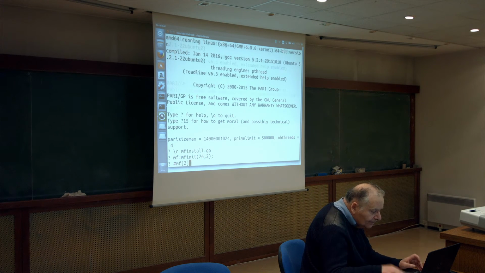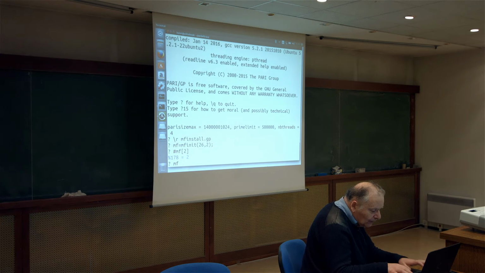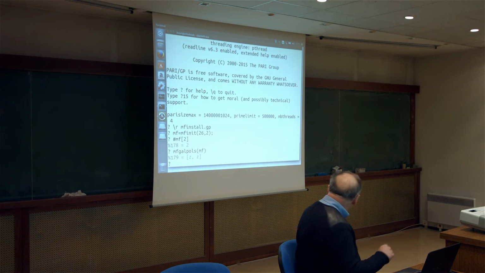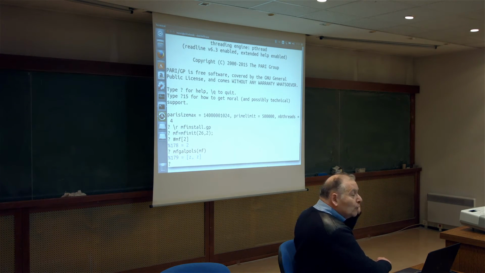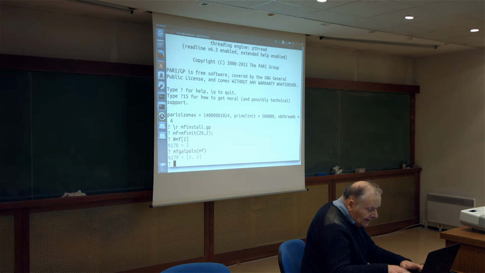There is, in fact, a simpler way to do it, which is to ask for mfgalois or mfgaldims of mf. Well, in this case, it's essentially the same. It answers ZZ, which means that both spaces are rational. And if I want to see the Q expansion, I ask for the series expansion of the basis.